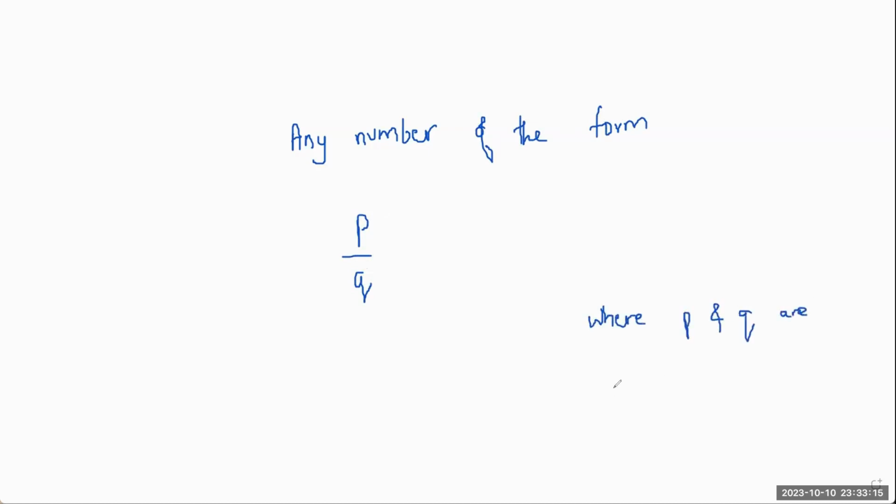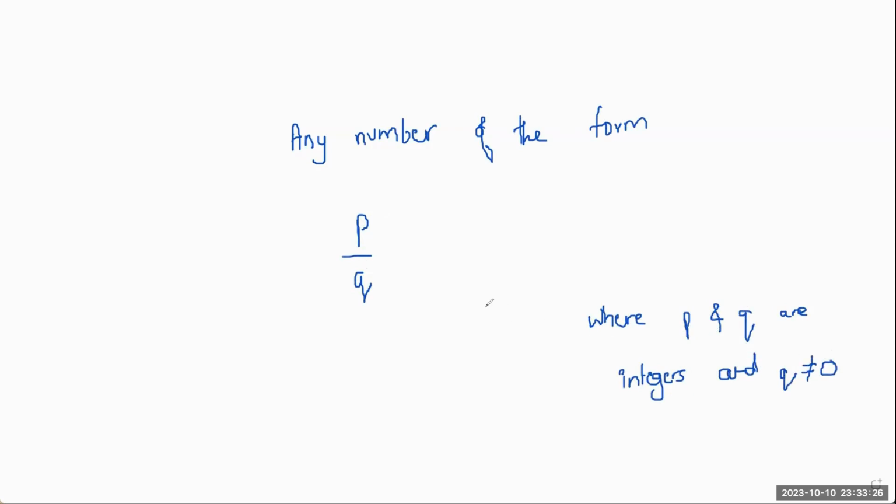If you go by definition, rational numbers are usually like fractions, but they could have a negative sign as well. So any number of the form P over Q, where P and Q are integers and Q is not equal to 0, is called a rational number.